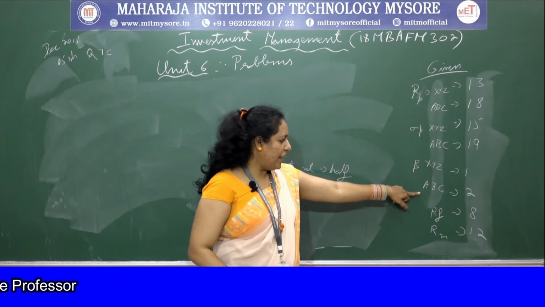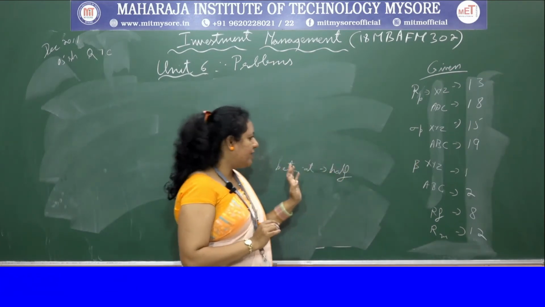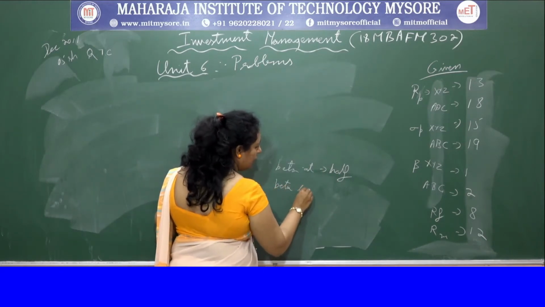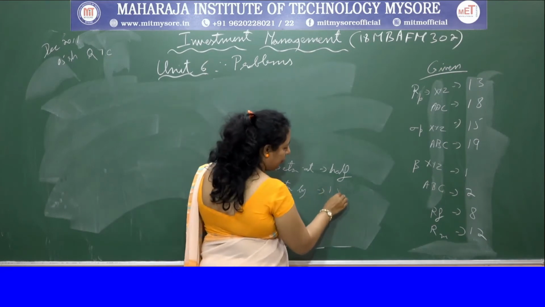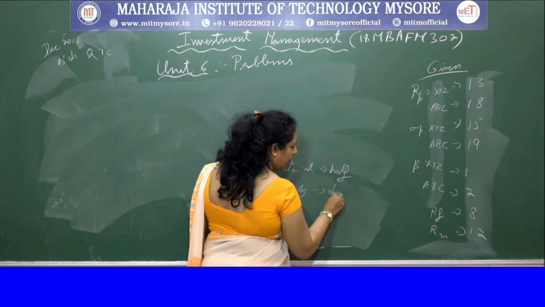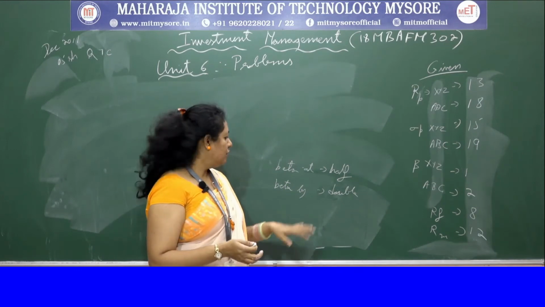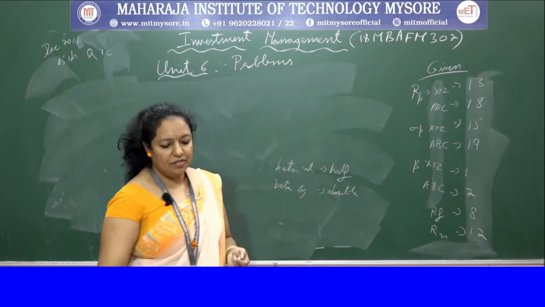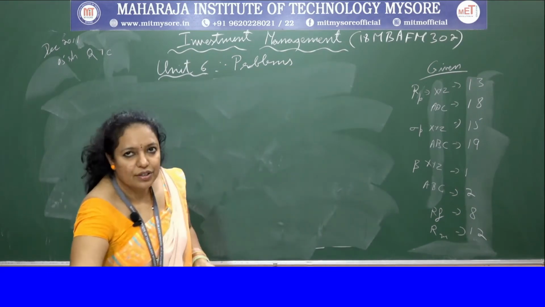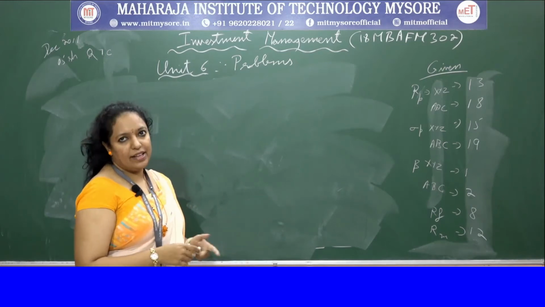ABC is at 2 and it is double, so you have to take XYZ as half. When we say it is beta by, and it was 1.5, it means you have to double it for the other one, which means 3. So you should be careful with beta at and beta by. Okay, so we have got the given.